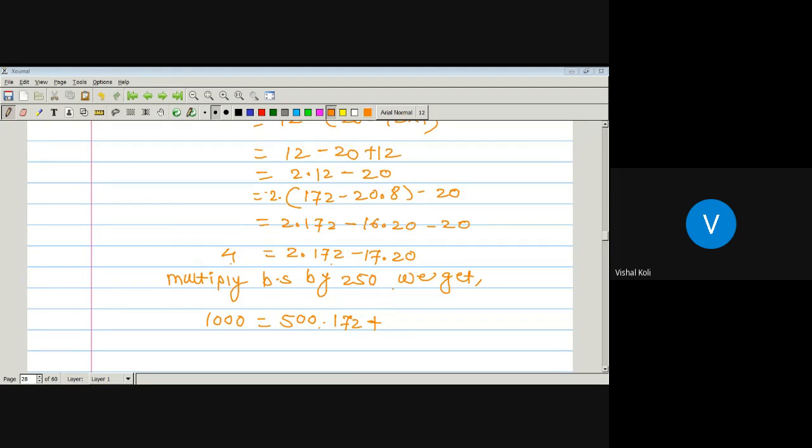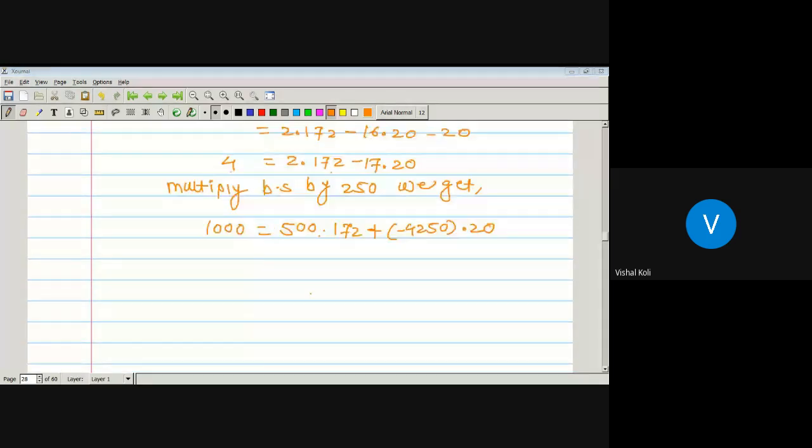Which is nothing but minus of 4250 into 20 as it is.